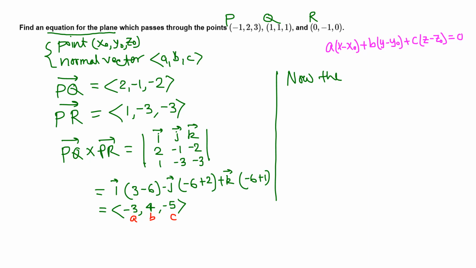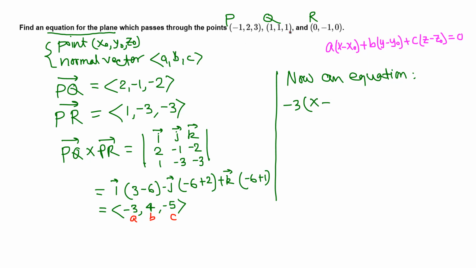Now in fact, any constant multiple of this normal vector is also normal to the plane. So an equation of the plane is: A is now negative 3, times x minus x naught.